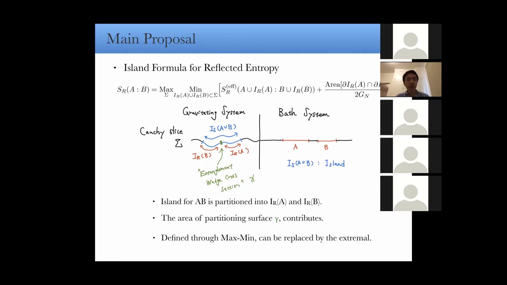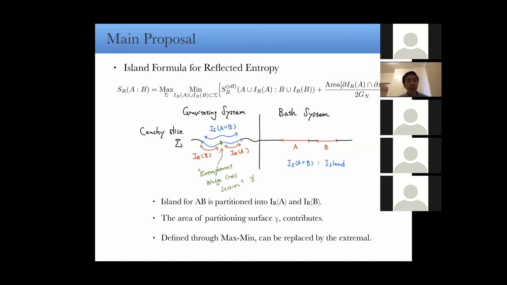And I consider a kind of entanglement cross-section, gamma, which divides this island into two subregions, IR_A and IR_B.